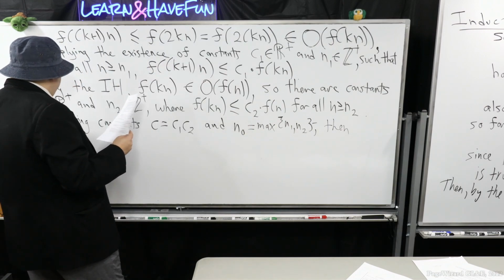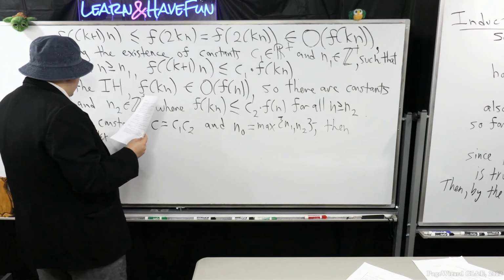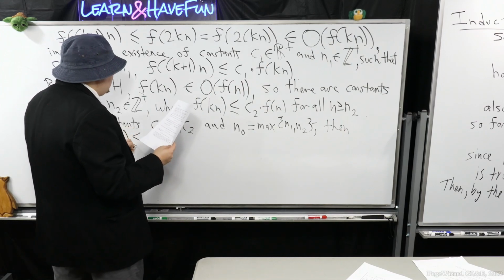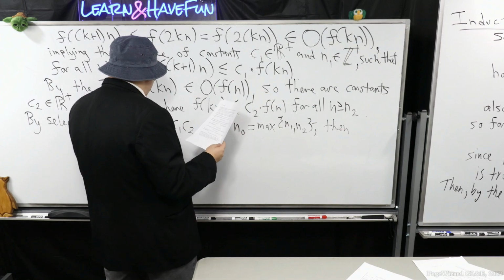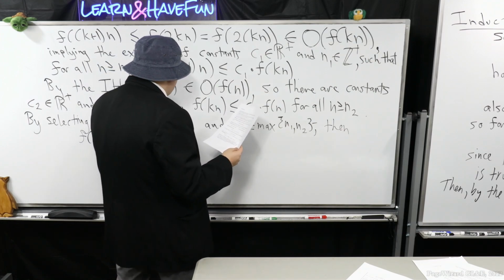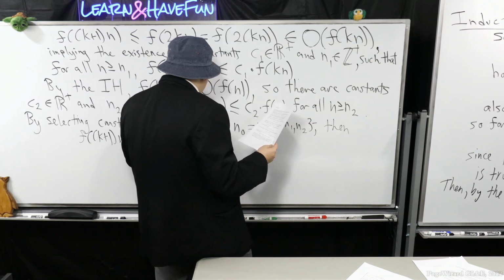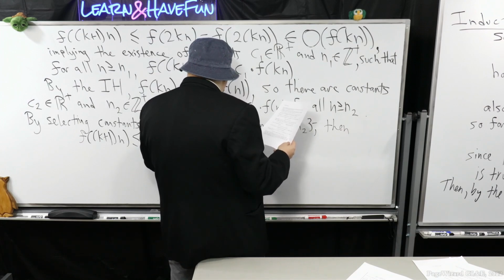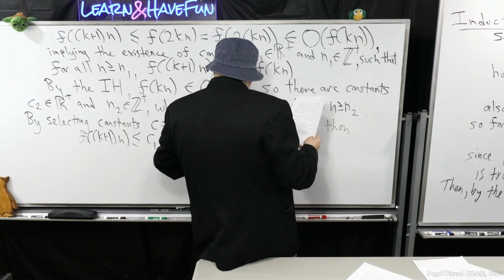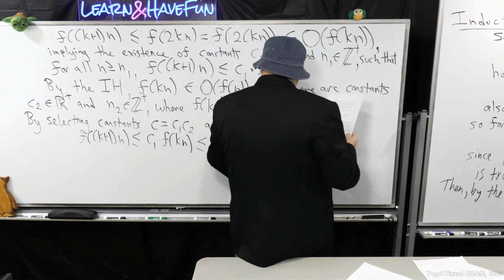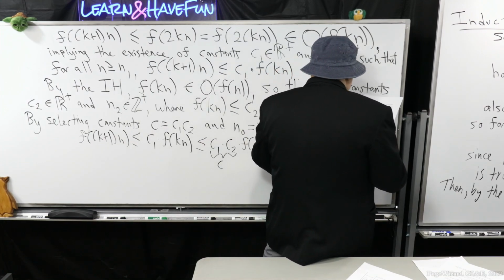Then f of k plus 1 times n is less than or equal to c1 times f of kn, right? Which is less than or equal to c1 times c2 times f of n. But this is right here c, right? So that's equal to c times f of n.